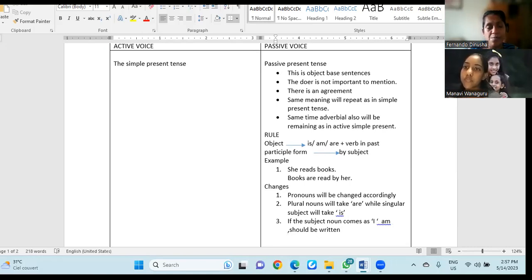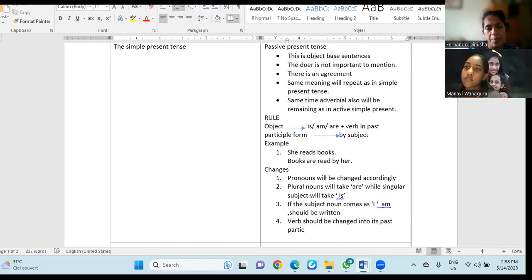Yes, Manavi? The verb form has been changed to past participle form. That's what we can say. The verb should be changed into its past participle form.